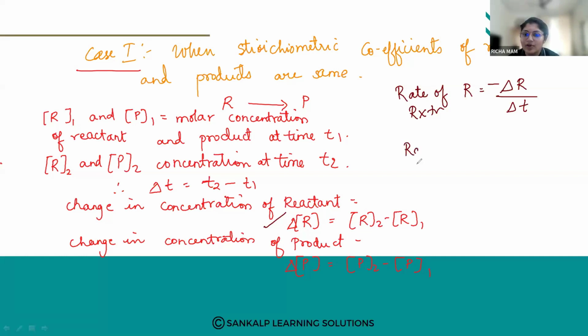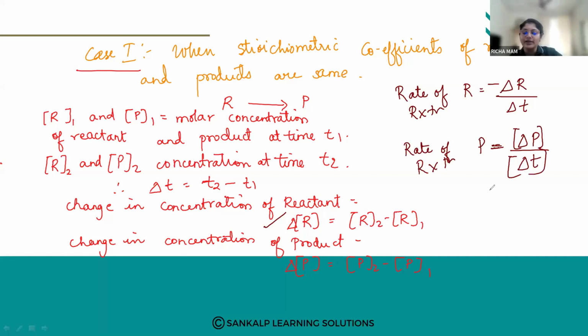Similarly, the rate of reaction with respect to product is delta P upon delta T. So this is with respect to the product.